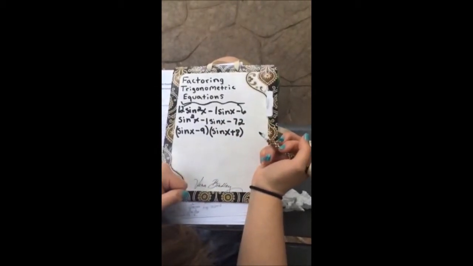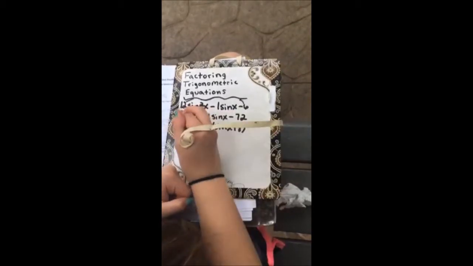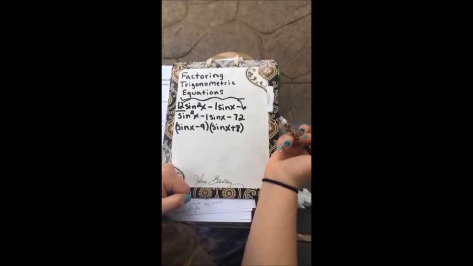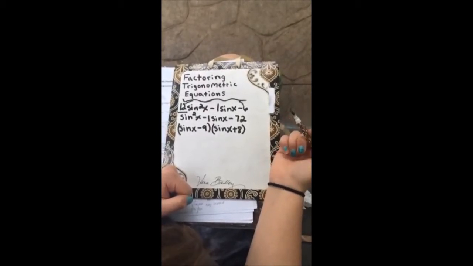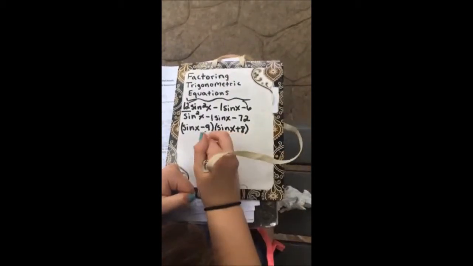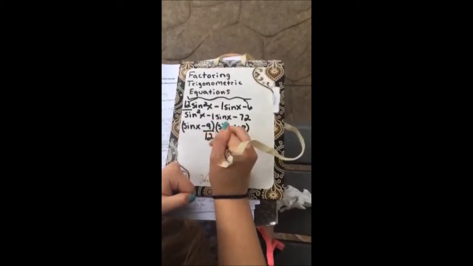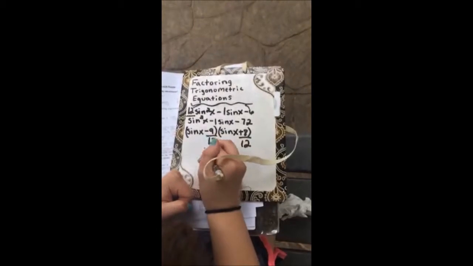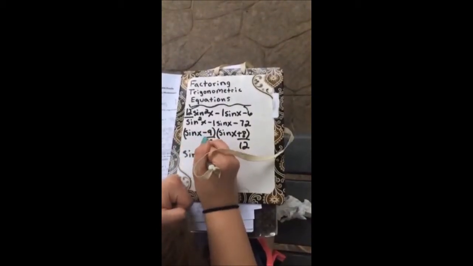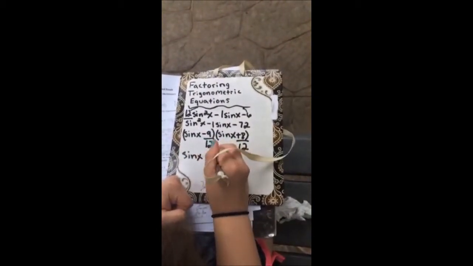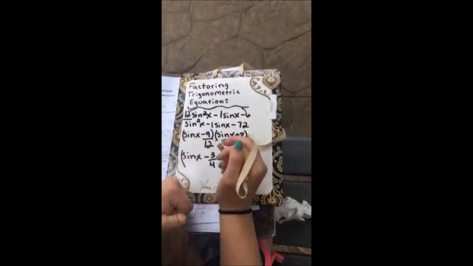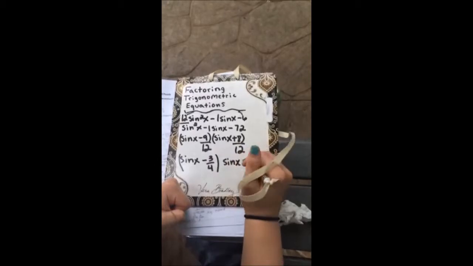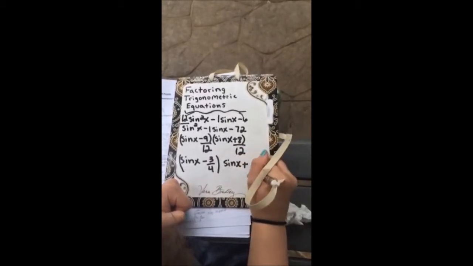And now you are going to divide by 12, which is your leading coefficient, and a lot of people forget to do this, so this is one of the most common mistakes, so don't forget it or else you're going to get points off. So divide 9 by 12, and 8 by 12. That gives you sine x minus 3 over 4, and this is sine x plus 2 over 3.